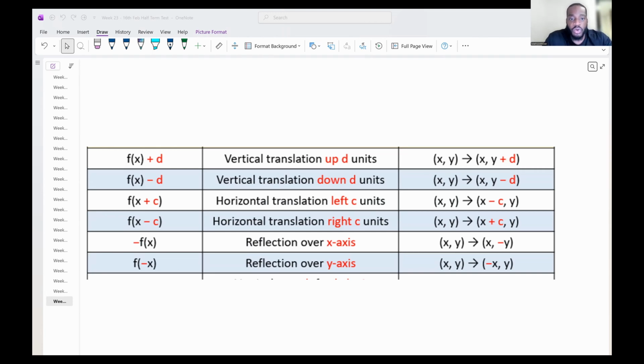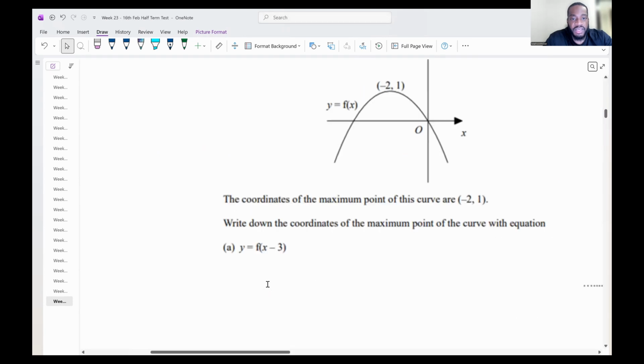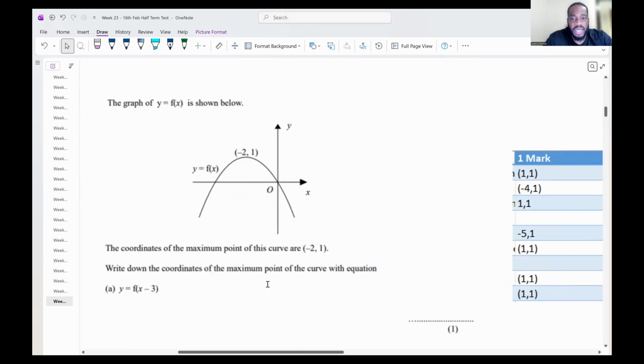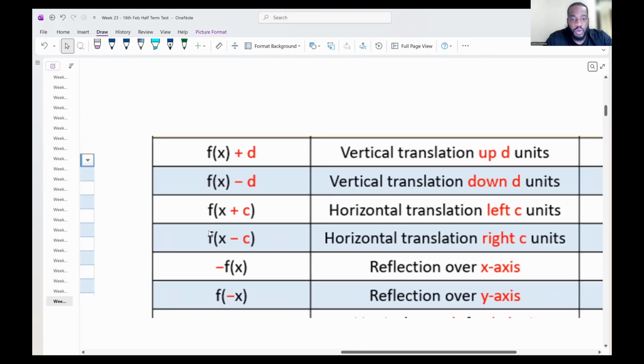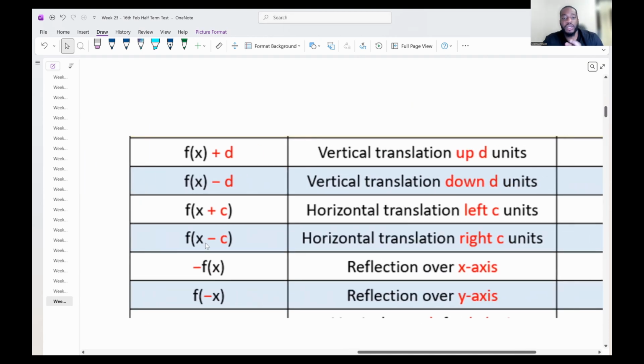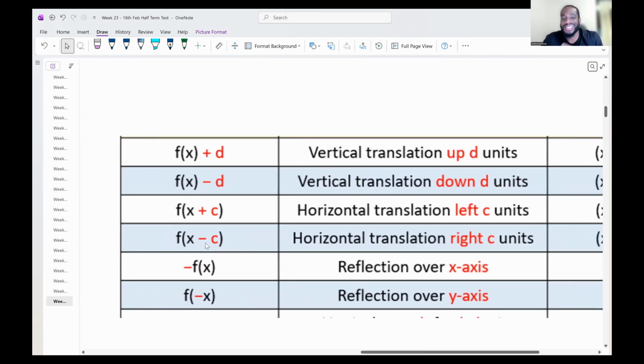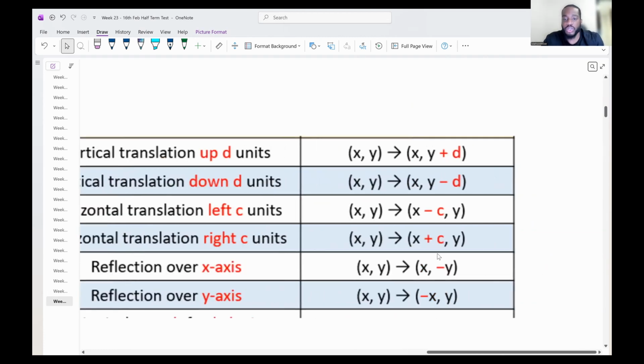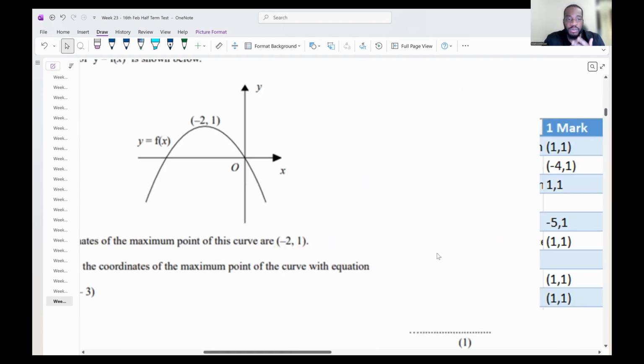With this one, the first one is f of x minus 3. Which transformation is that? That is the fourth one. F of x minus c is a horizontal translation to the right by c units. How does that affect your x coordinate? You add on that number to your x coordinate. So when it's inside, you do the opposite thing.